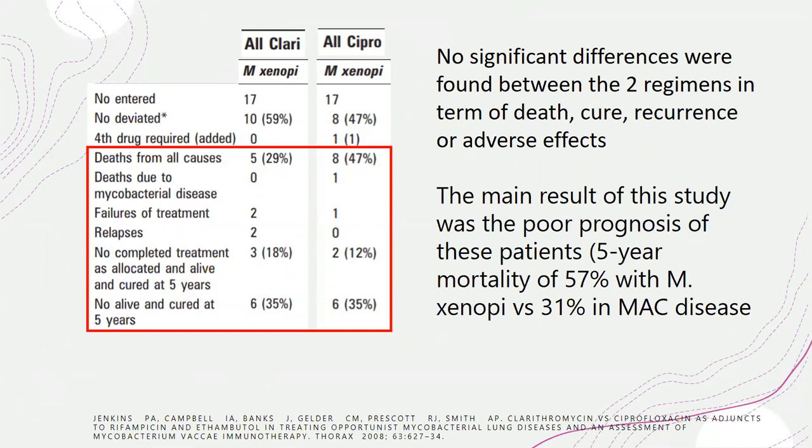One of the main outcomes from the study, again harping on the previous point, was that the 5-year mortality of these patients was 57% despite treatment, versus 31% in Mycobacterium avium complex disease. I want to emphasize this to show you that the species does make a difference, especially in terms of talking to your patient about their outcomes going forward.